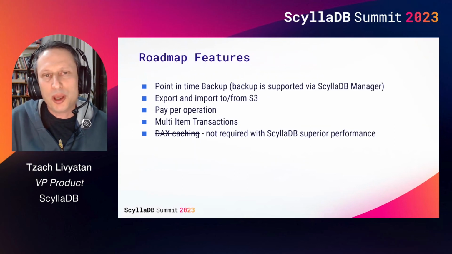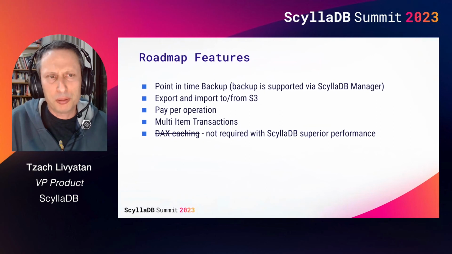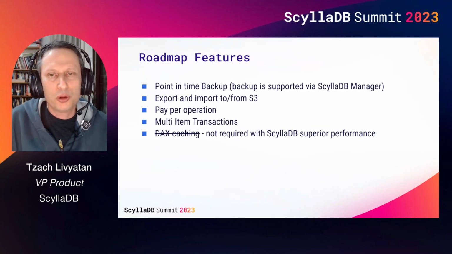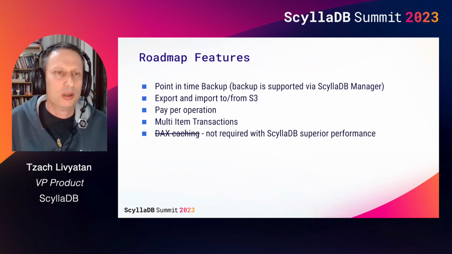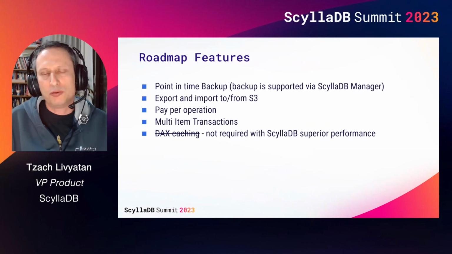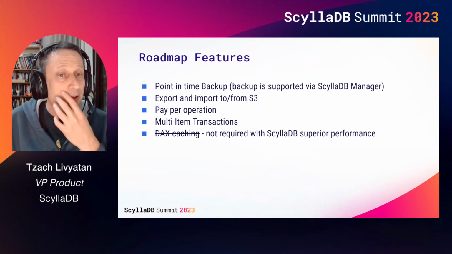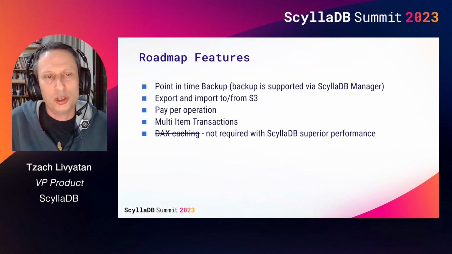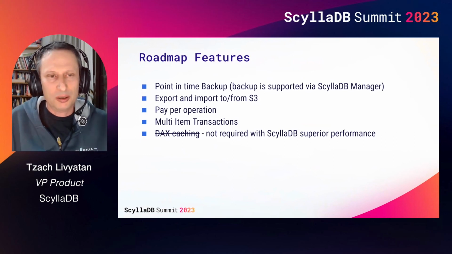By the way, I will be happy to get input from people in this session, maybe later in the chat, to let me know what is more important for you in our DynamoDB implementation. So we are planning to add point-in-time backup, export and import from S3, and in the future, probably not this year, PartiQL operations and multi-item transactions, maybe in 2024.